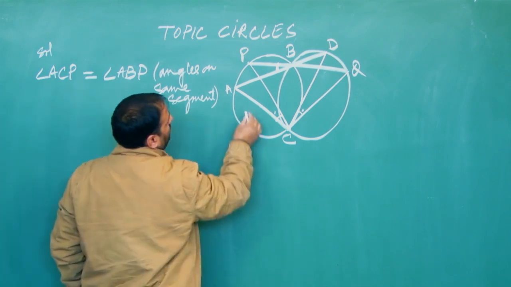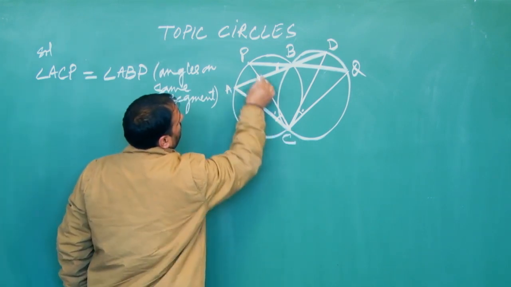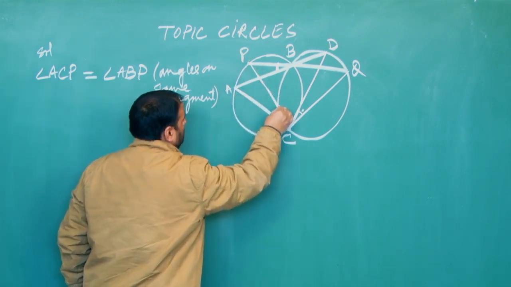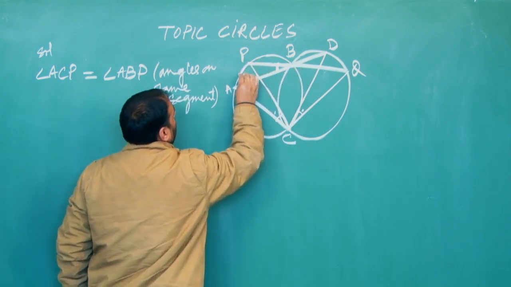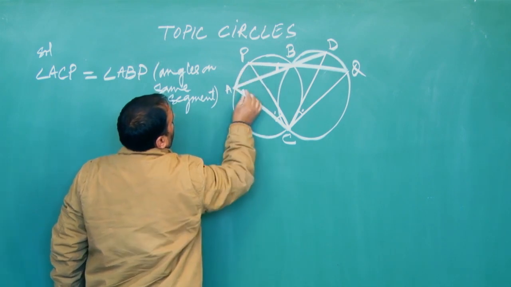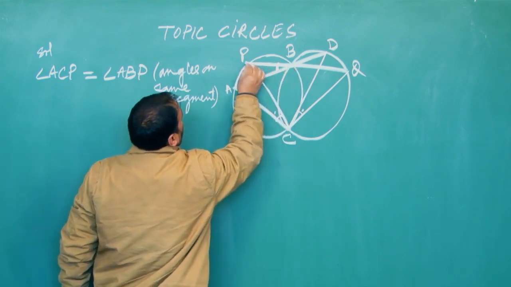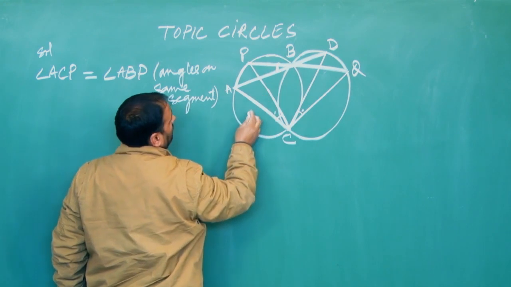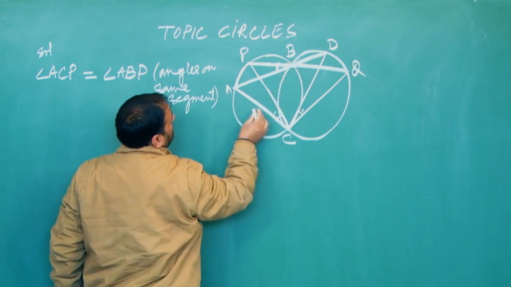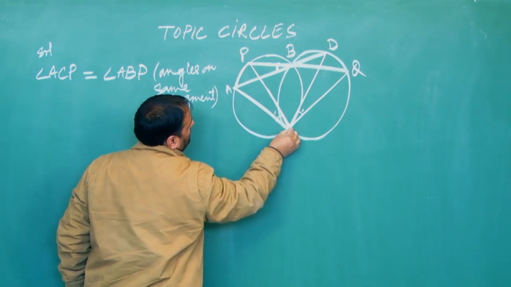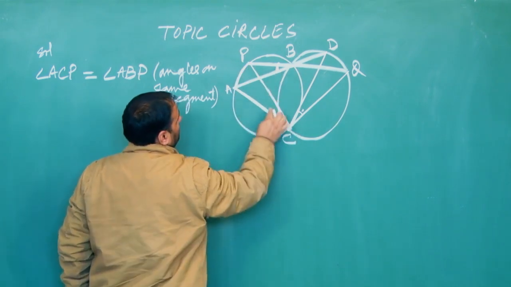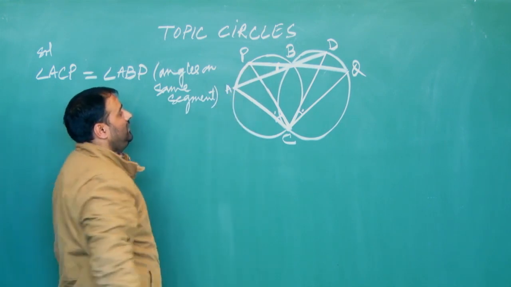Now, if you observe carefully, these two angles are made on the same arc. We call it same segment. Now, you can see angle ABP is the remaining part of the angle that lies on the circumference, and ACP also lies on the remaining part of the circle. And both these angles have the same arc AP.